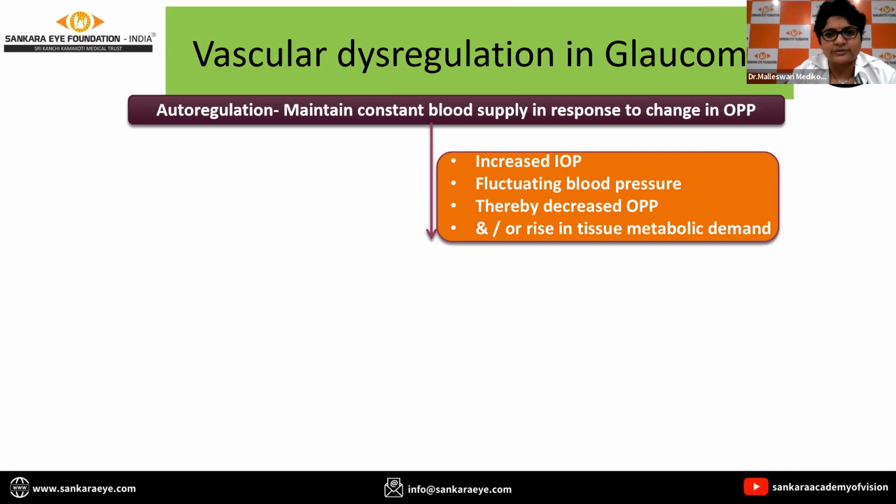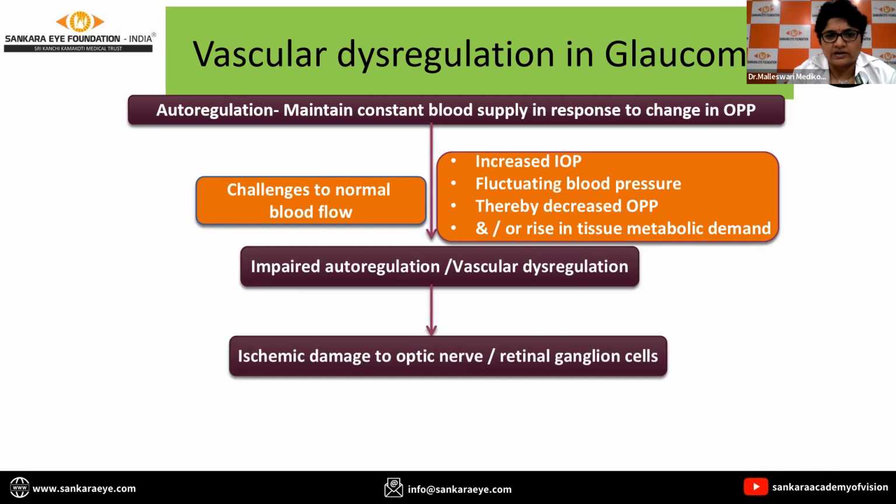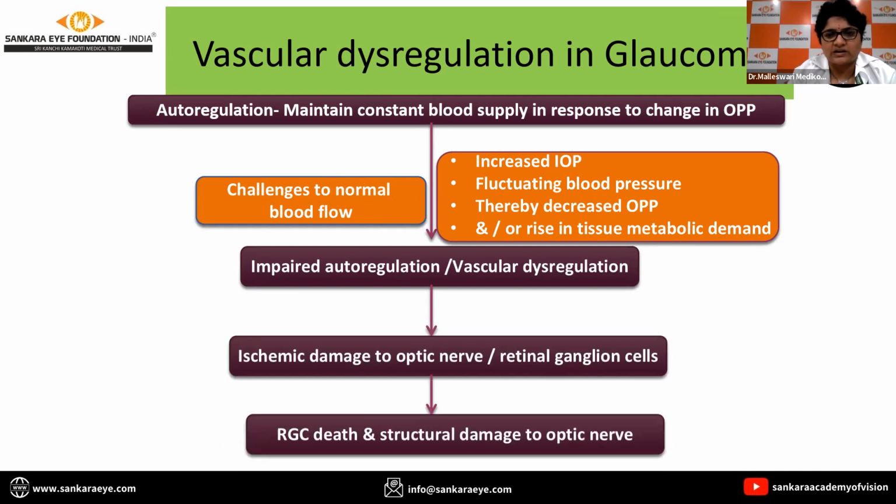And if it is deranged by various mechanisms like raised intraocular pressure, fluctuating blood pressure, or increasing tissue demand, this can cause a change in the blood flow, which results in impaired autoregulation. Finally, this leads to ischemic damage to the retinal ganglion cells, and RGC death finally leads to glaucoma.